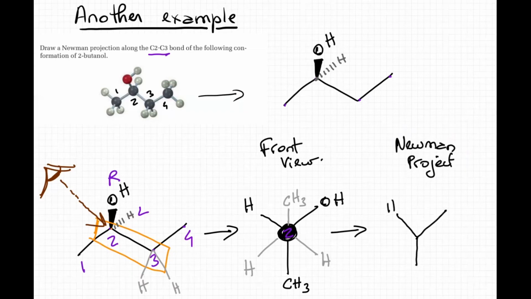So we have H, OH and CH3, right? And then in the back, remember, the back carbon should be enlarged. It should be bigger. So we're gonna draw a nice circle, and we're gonna place the groups the back carbon, which is carbon 3, is attached to.